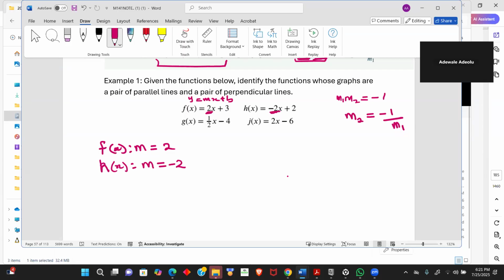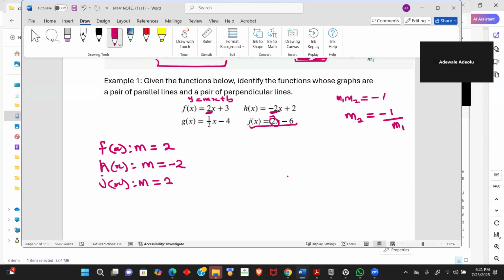F of x and h of x are not parallel because if they are parallel, they must have the same slope. Speaking of that, look at j. The slope is 2. Oh, j of x has a slope which is 2.